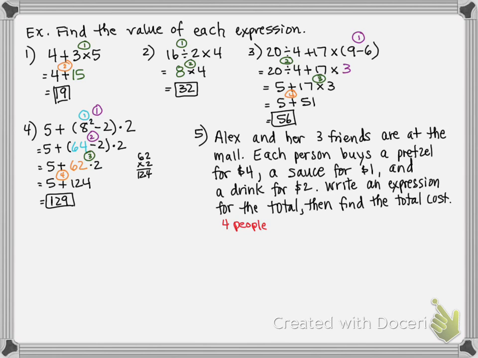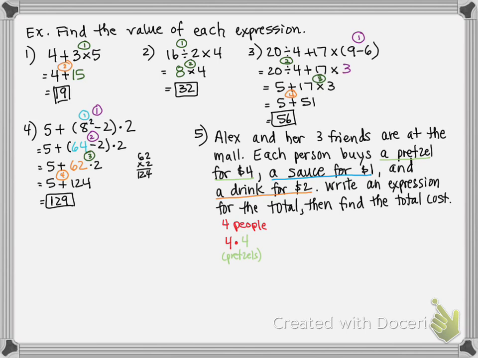So each person buys a pretzel for $4, a sauce for $1, and a drink for $2. Okay, so how I'm going to write up my expression is, I'm going to have 4 people, and they're going to buy a pretzel, that's $4. So this is the pretzels.